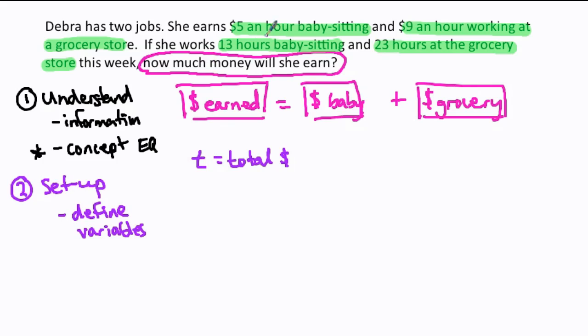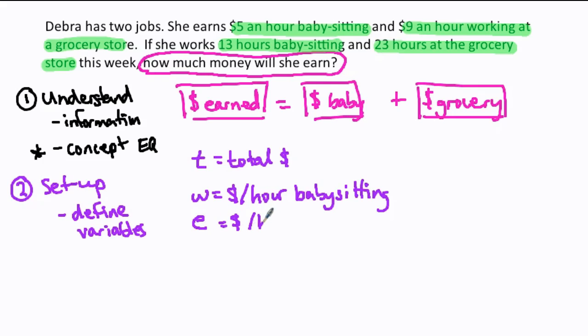And now I'm going to keep going through here. $5 an hour babysitting. So that's her wage. So I'm going to call that W is money per hour babysitting. I also have money per hour at the grocery store. Now I can't use W because I've already used that, so I'm just going to use something different. I'm going to call this one E for earnings equals money per hour at the grocery store.